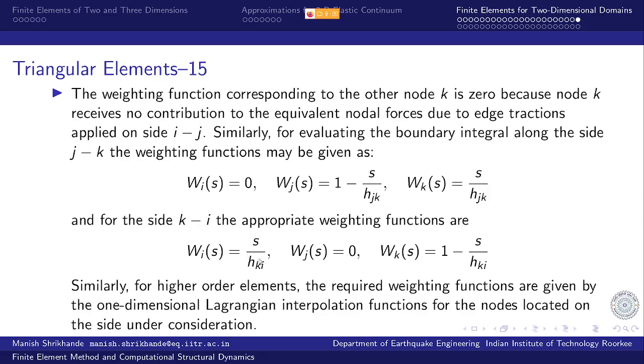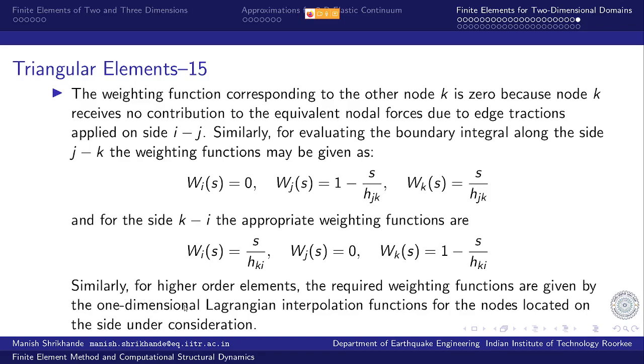Essentially we look at only the two nodes of the edge in the linear triangle. For a quadratic triangle, we will look at all three nodes on that edge, and that will be a quadratic function instead of a linear function of s, as in the case of the constant strain triangle here.